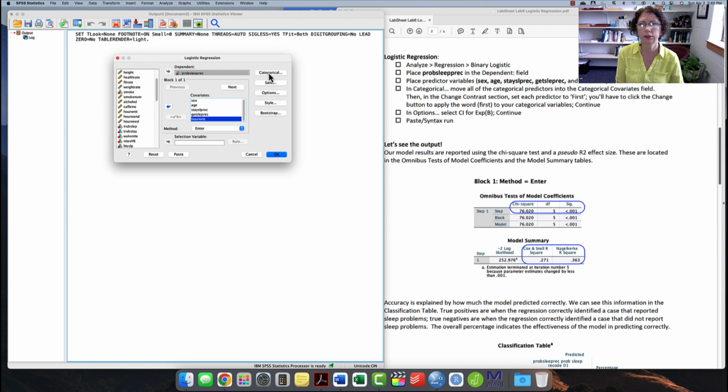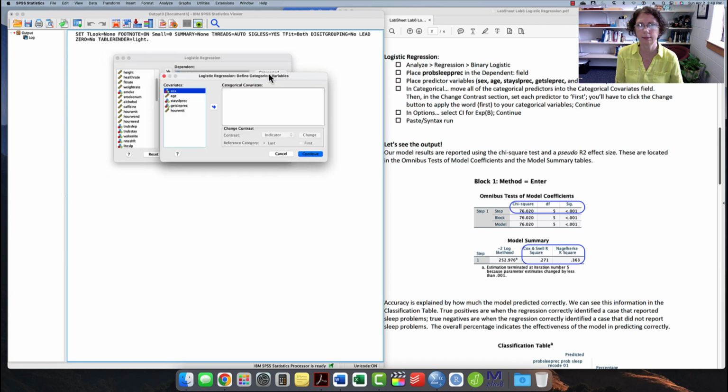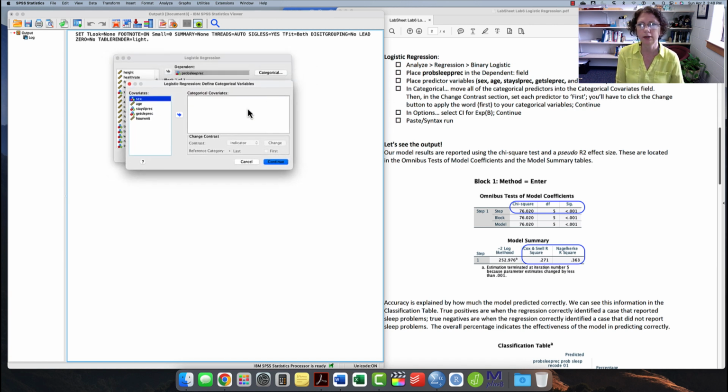Next, you want to go to the categorical submenu here. Any variables that are categorical, you want to move them over to this categorical covariates box. And for all of them, we need to come down into this change contrast area and change it to first.